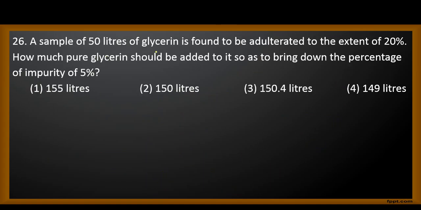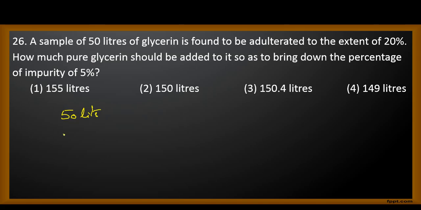A sample of 50 liters of glycerin is found to be adulterated to an extent of 20%. How much pure glycerin should be added to it so as to bring down the percentage of impurity to 5%? Listen carefully. There is 50 liters of glycerin. Adulterated means he mixed it with some other content, up to 20%.